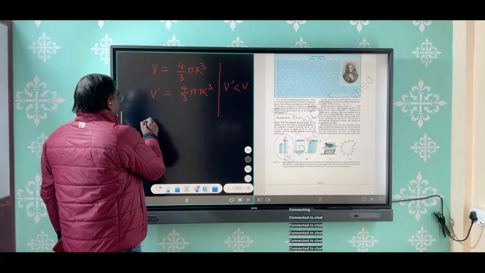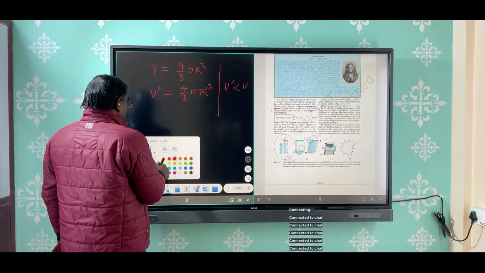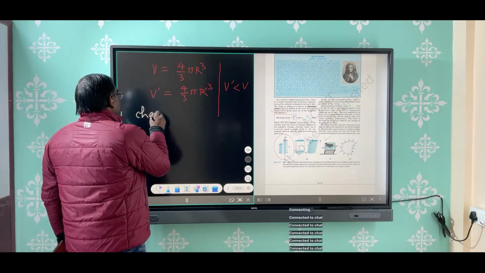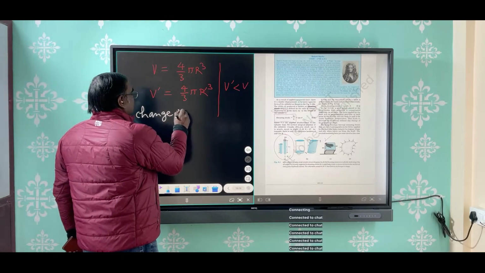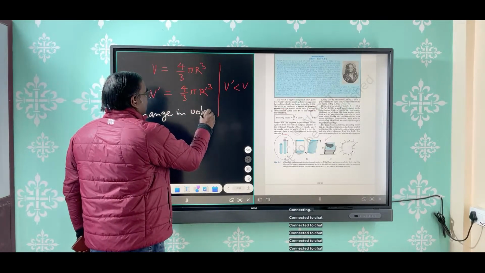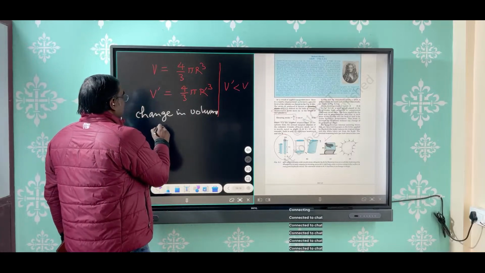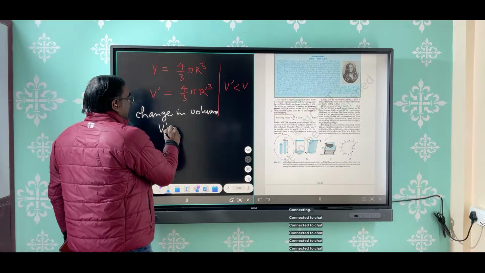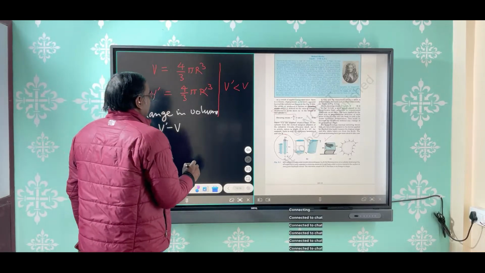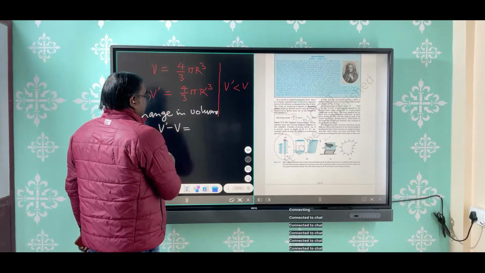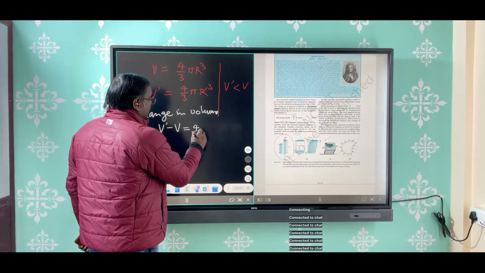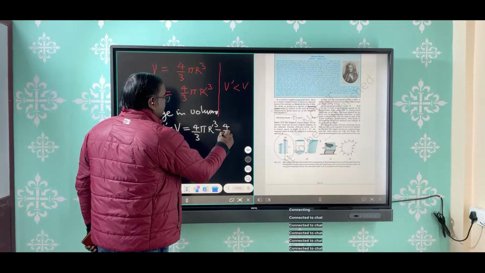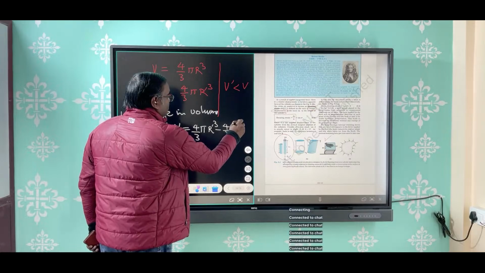So change in volume, I think this color is not properly visible. Change in volume is equal to what? V prime minus V, right? So that is 4 by 3 pi R prime cube minus 4 by 3 pi R cube.